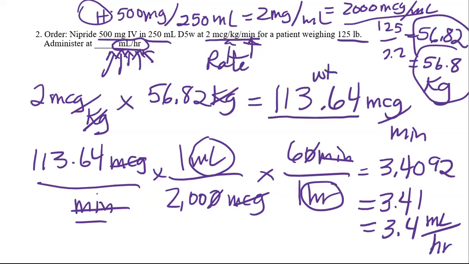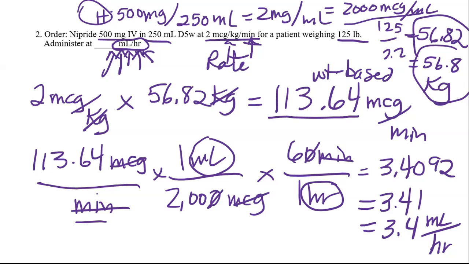So we take the weight, micrograms per minute. So the weight got canceled out on both sides. So this is micrograms per minute. This is weight-based. Okay, sorry. So this is micrograms per minute, because up here is minutes. So that's micrograms per minute.